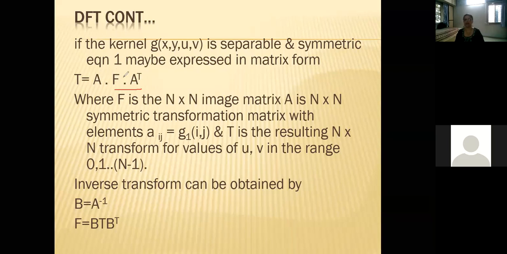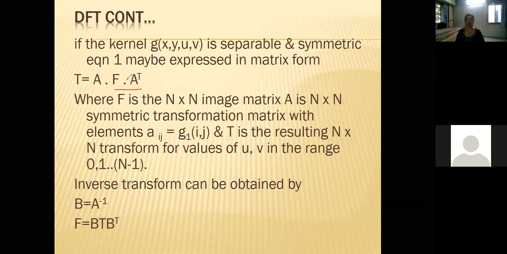Here F is our matrix which represents the original image of size n by n, and A transpose is the transpose of the DFT coefficient matrix, which is also of size n by n. By this first multiplication, we apply the transform row wise.